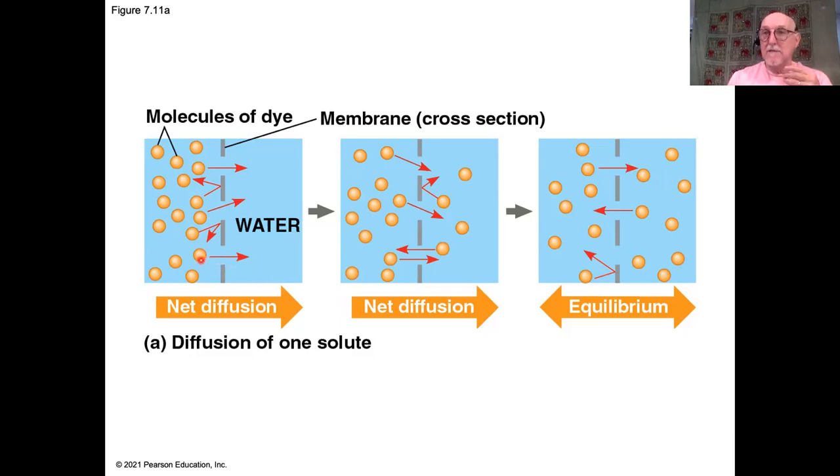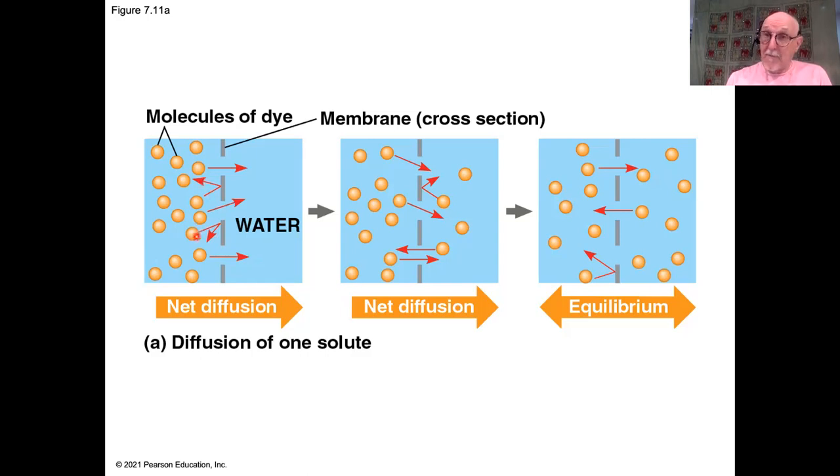They're going to tend to be knocked out to the areas where there are no other molecules to knock them back in again. This is not to say that they are not moving in other directions. They are, but their net movement is towards the area where there are fewest of their own molecules. And so this is the process that we call diffusion. Diffusion occurs through any medium where the molecules can move freely. It occurs in gas, it occurs in water, etc.